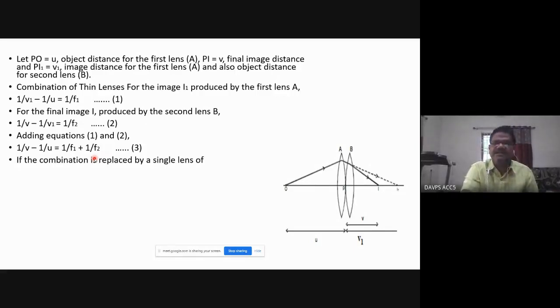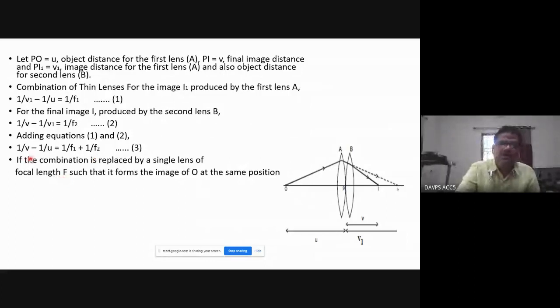Next, if the combination is replaced by a thin single lens, if both the lenses combined, you consider it as a single convex lens of focal length F, so that it forms the image of object O at the same position, then what will be the formula?